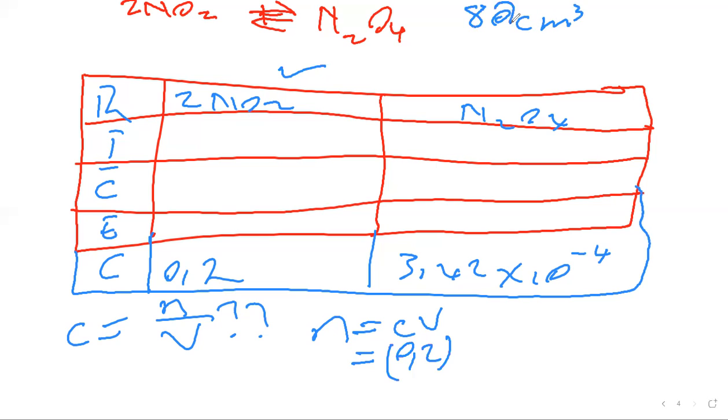So now 80 is 0.08 decimeter cubed. Understand? All right. Now 2 into 0.08. What is that?